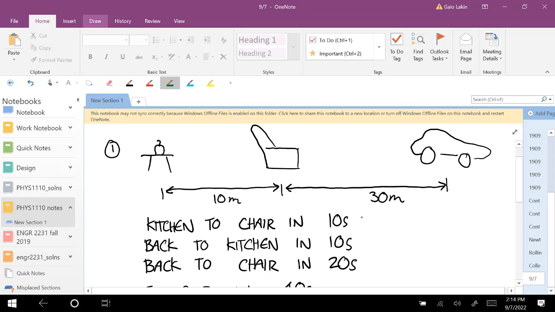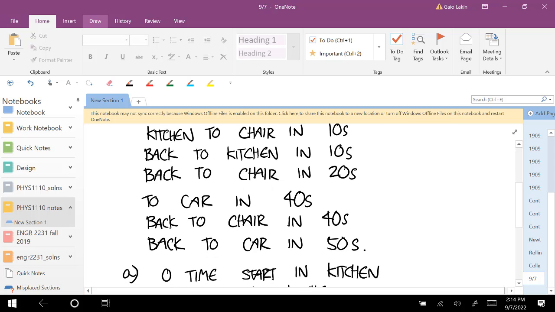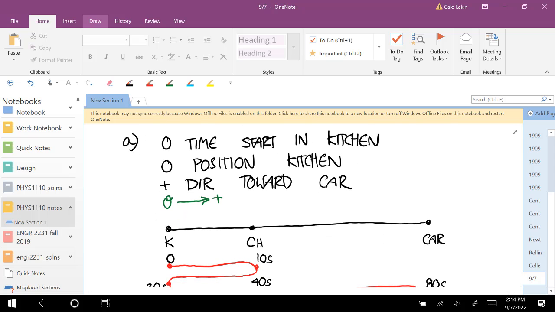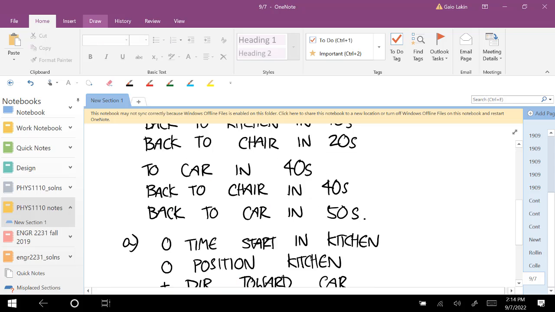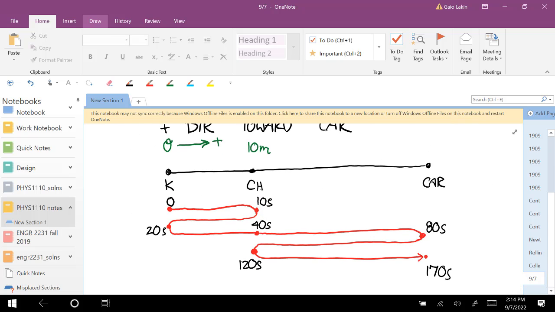Now that we know the 0 position and the positive direction, we can assign those locations numbers. So if this is 0 and you go 10 meters in the positive direction from 0, what's the numerical label for the chair? Yep, this is 10 meters. And if you go another 30 meters in the positive direction from 10, what's the numerical label for the car? 40, yep.